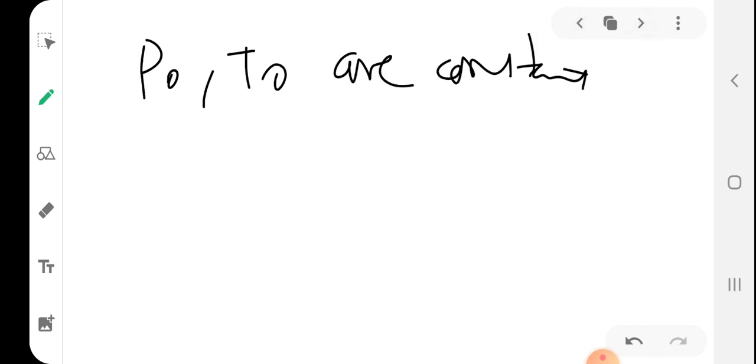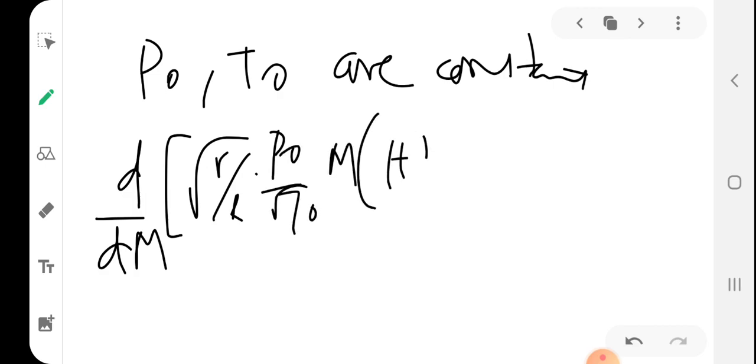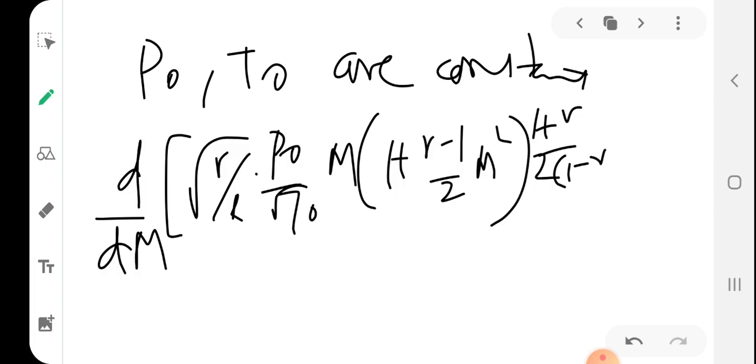So here d by dM of m dot by A will be nothing but root gamma by R into P0 by root T0 into Mach number into 1 plus gamma minus 1 by 2 Mach square raised to 1 plus gamma by 2 into 1 minus gamma, and it should be equal to 0.